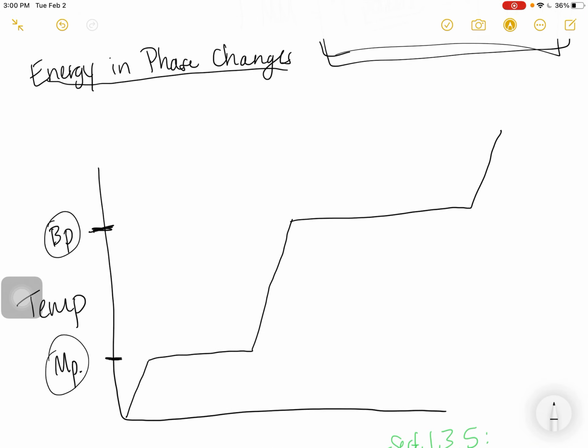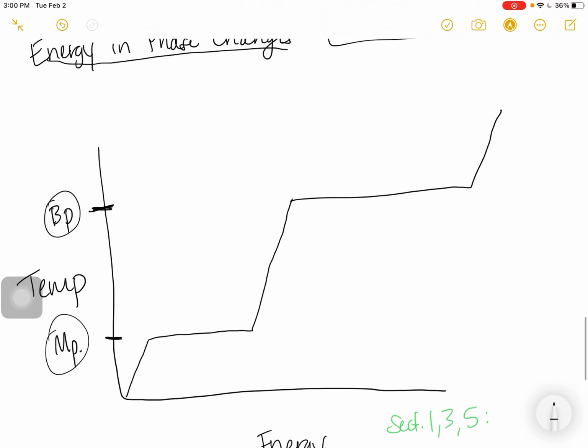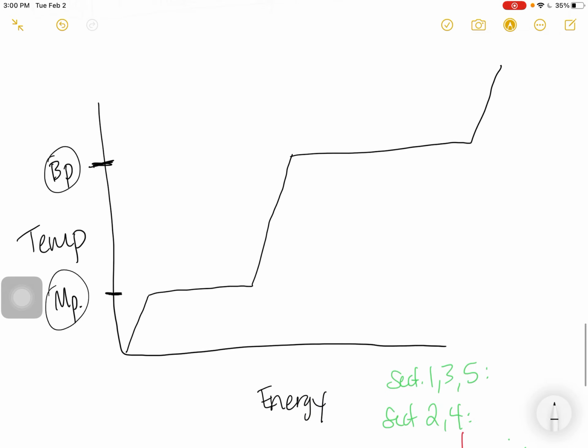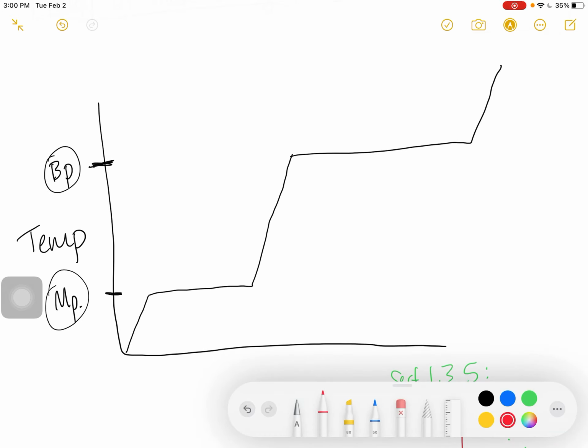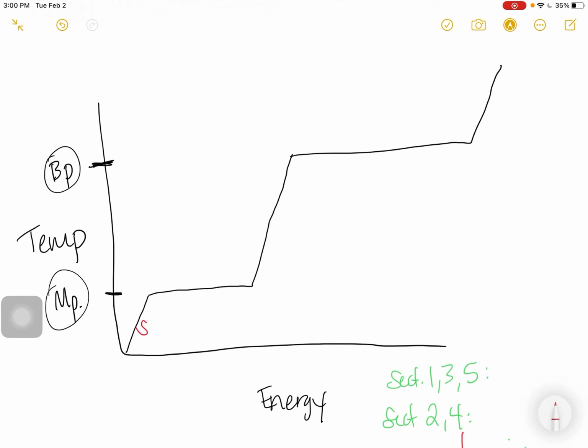The last thing was looking at these heating curves and talking about energy. We learned that these heating curves show us two important temperatures, the melting point and the boiling point for whatever substance we're looking at. If this is water, this is 0 and this is 100, but that's not true if this is not water. In this case, we have a solid, a liquid, and a gas, and our plateaus are the phase changes that are occurring.